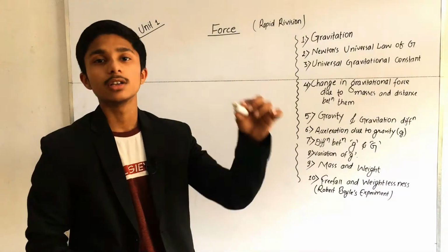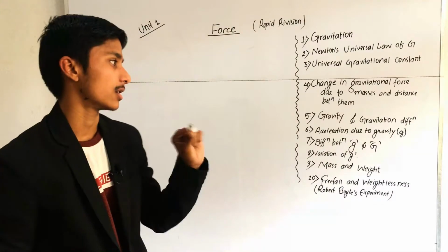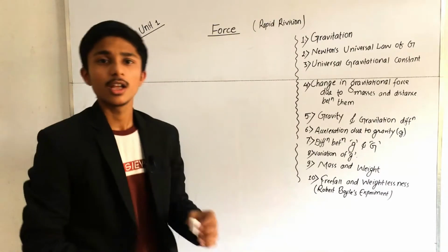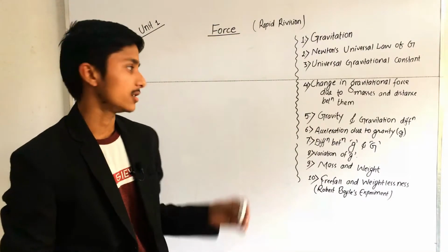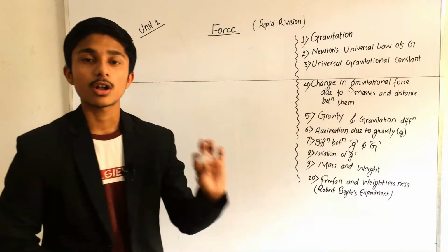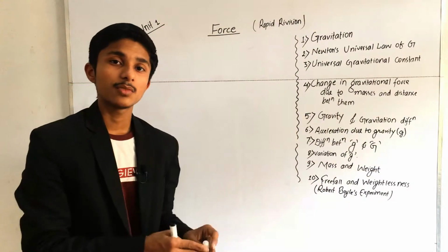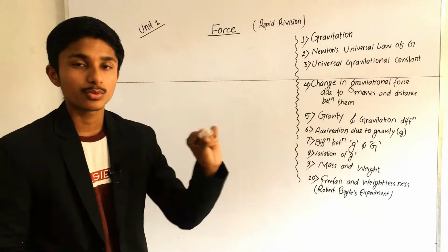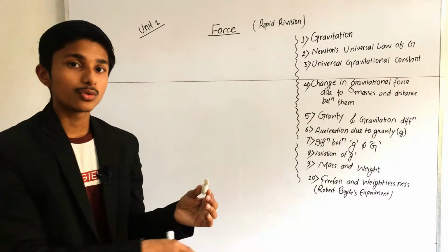I am leaving this marker and it falls down. It means force is attracting this body. This means its velocity also changes, and this change in velocity is called acceleration. So acceleration is produced on this body due to gravity.